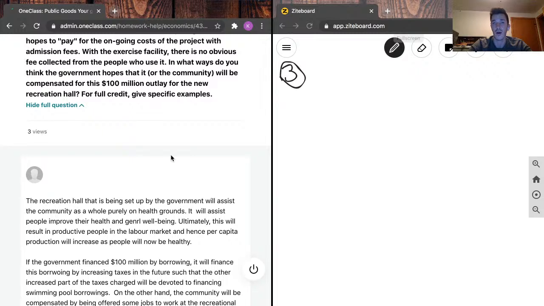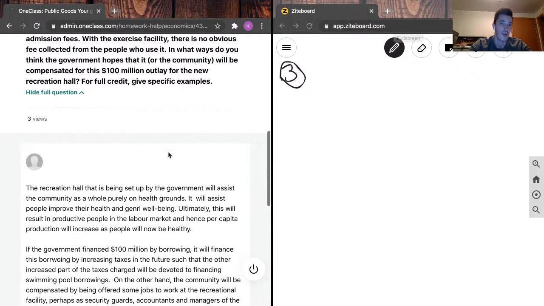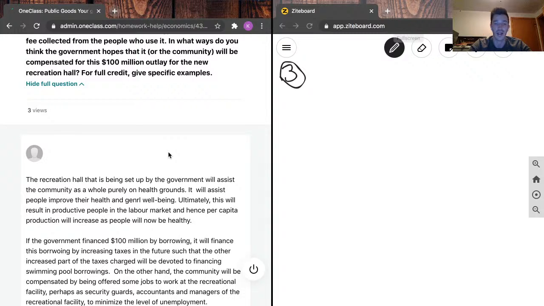Furthermore, healthy people are more productive, so if they're able to raise productivity, that would mean more output for the city, higher GDP per capita, fewer deaths, things of that nature. There are a wealth of benefits that come with having a healthy public.